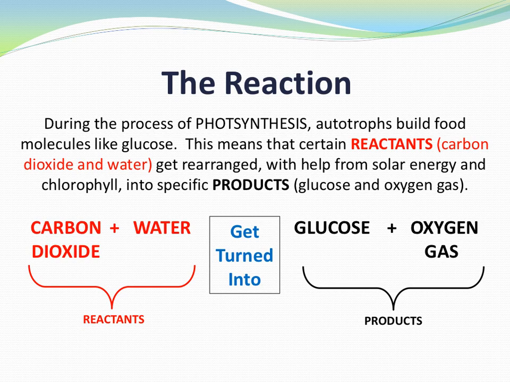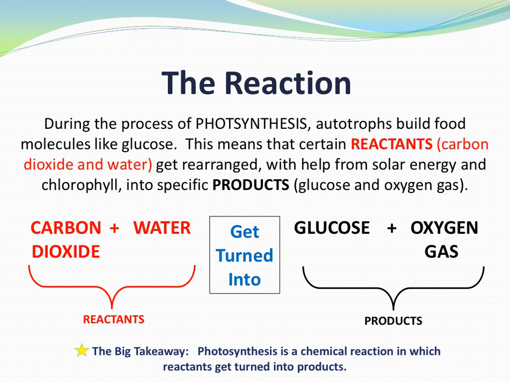So carbon dioxide and water are the reactants of photosynthesis, and they get turned into the products, glucose and oxygen gas. And again, this chemical reaction can't take place unless the cell has the cellular machinery, including chlorophyll, and also solar energy to drive the chemical reaction. The big takeaway: photosynthesis is a chemical reaction, like any chemical reaction, in which reactants get turned into products.